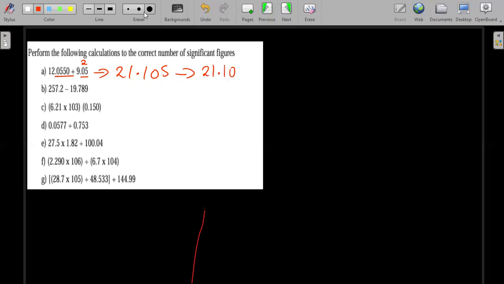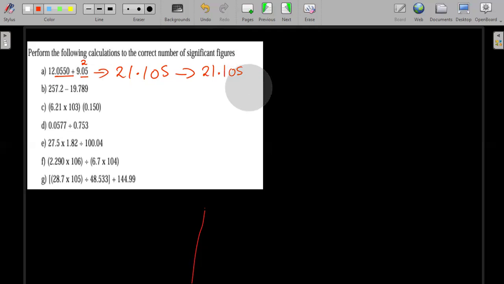So what do we do to our 5? Should we add a 1 there or we drop it, according to what we've done so far? Should we add a 1 here or we drop it?